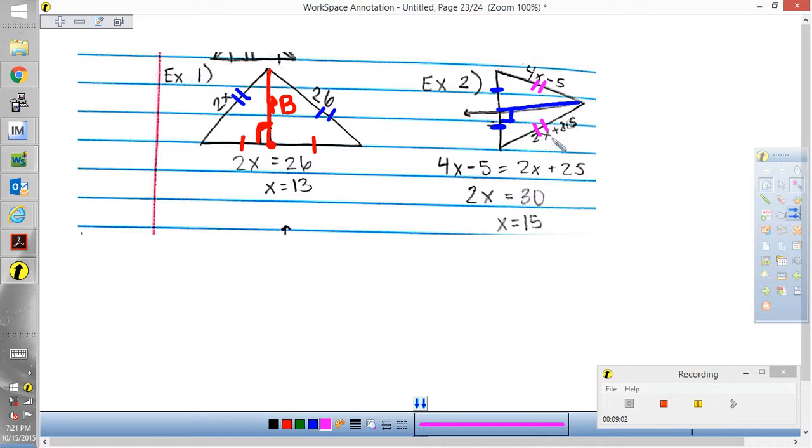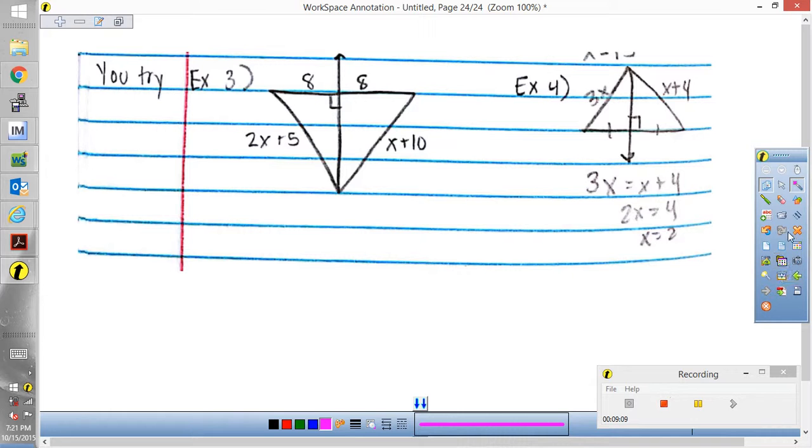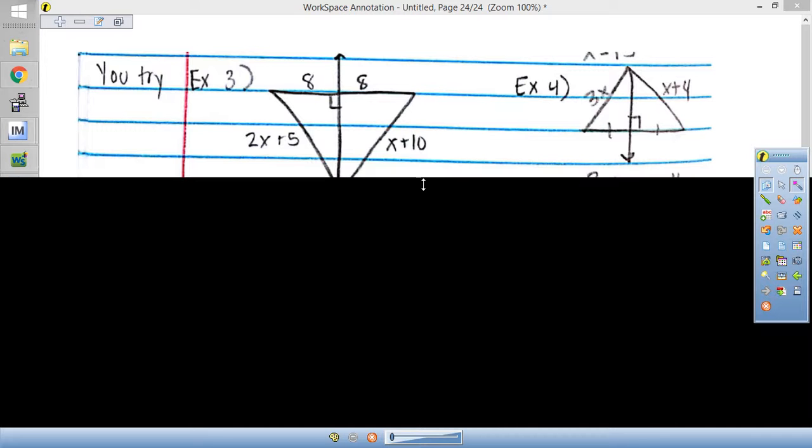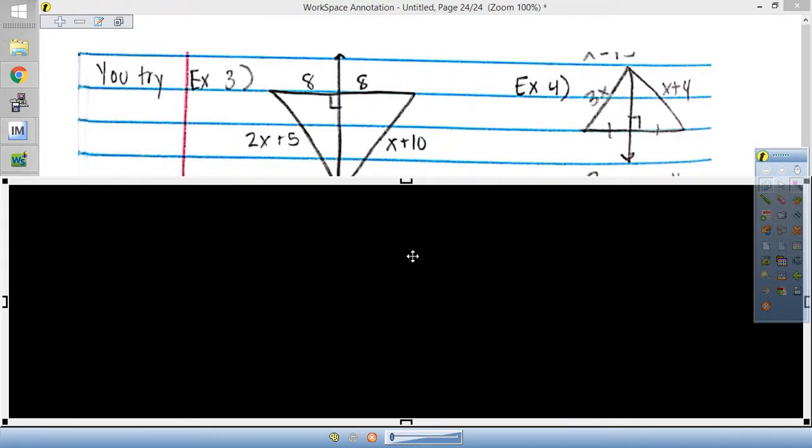You just set those 2 sides equal and solve. Okay, here are a couple U-try problems. It looks like this one didn't get an answer, so first I'm going to cover it up to let you try it. I'll cover up the problem, copy these down, and you can give them a try.